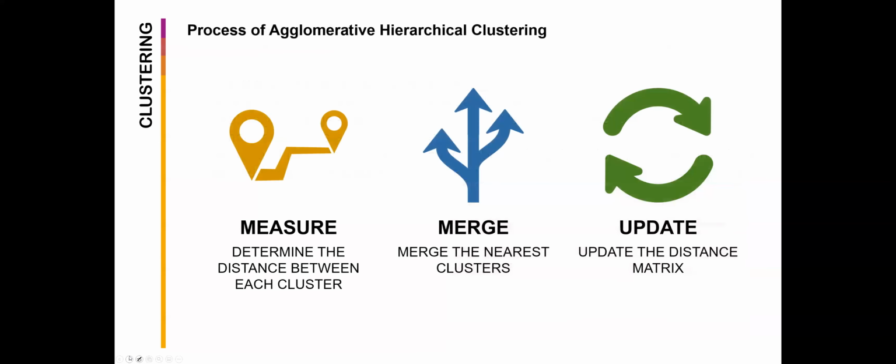Now this is a high-level process of doing agglomerative hierarchical clustering. First, we measure the distance between each data point. Next, we merge the nearest clusters, and then we update the distance matrix. How does it look?